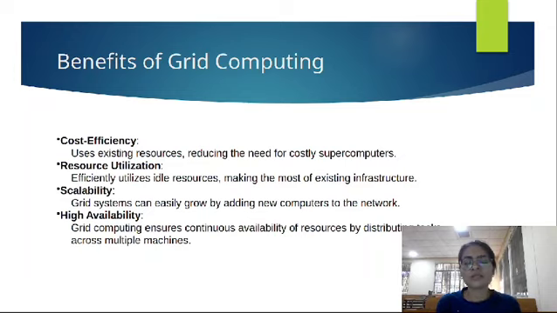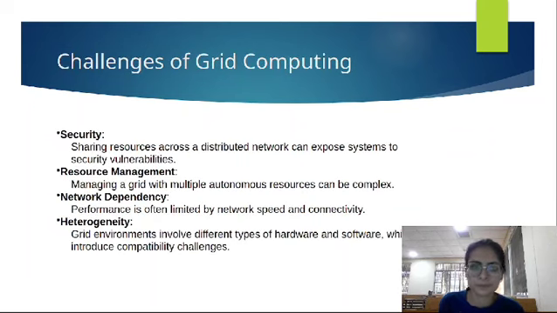Resource utilization means efficiently using the idle resources, meaning the machine which is not used by us is used for solving the complex problem, making the most of existing infrastructure. Scalability: grid systems can easily grow by adding new computers to the network. High availability: grid computing ensures continued availability of resources by distributing tasks across multiple machines.